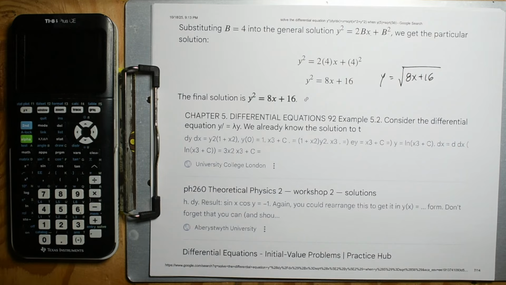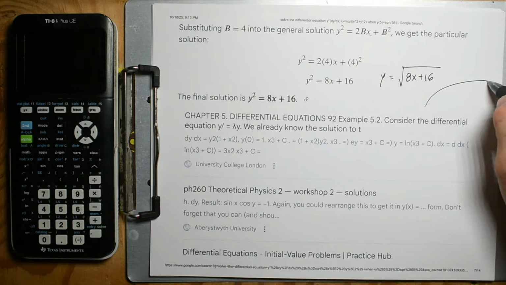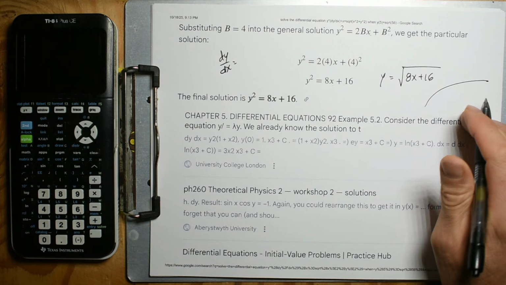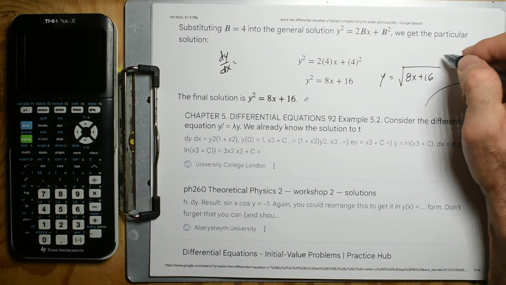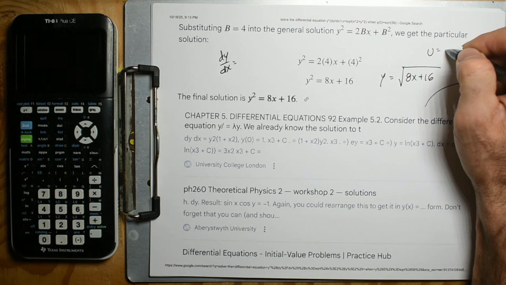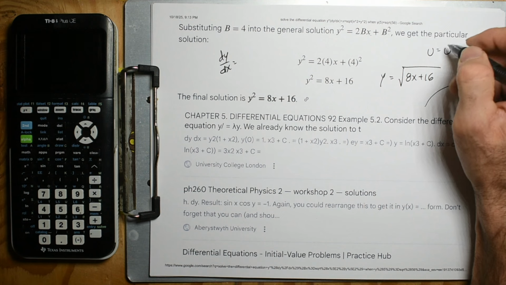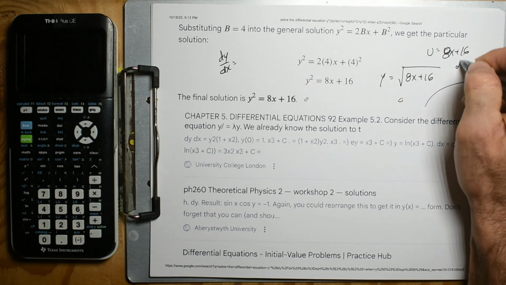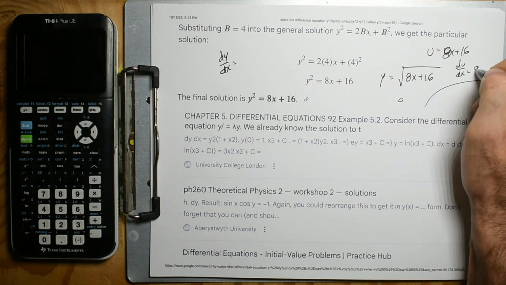And that's why, back to our graphs, we got that graph that looks like this. dy/dx is going to be, if we do u substitution, u is equal to 8x plus 16, du/dx is equal to 8.